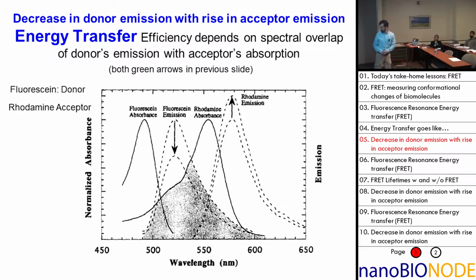The energy transfer will be some function of the fluorescence of the donor and some function of the fluorescence of the donor in the presence of acceptor.